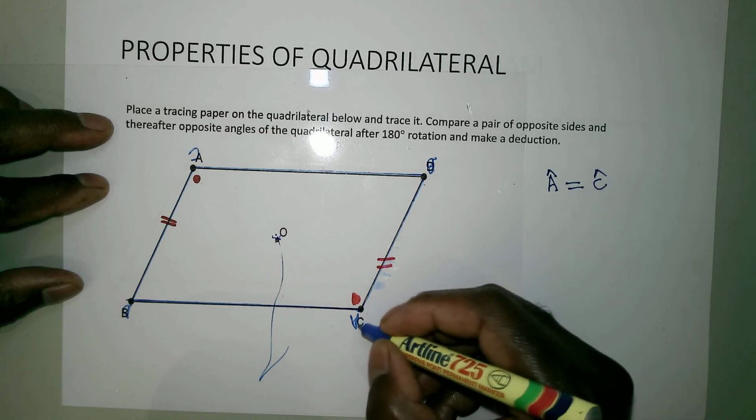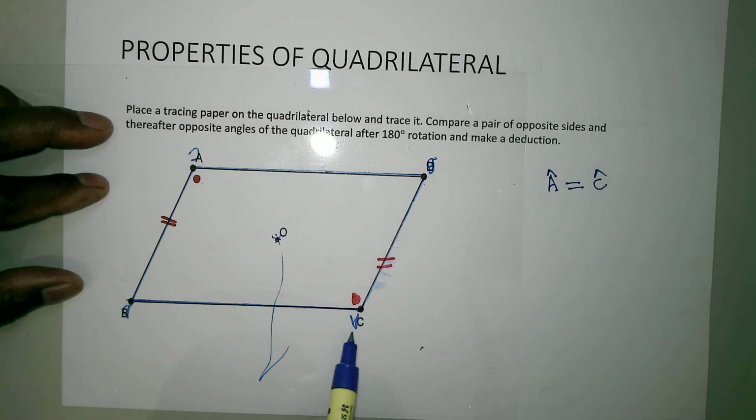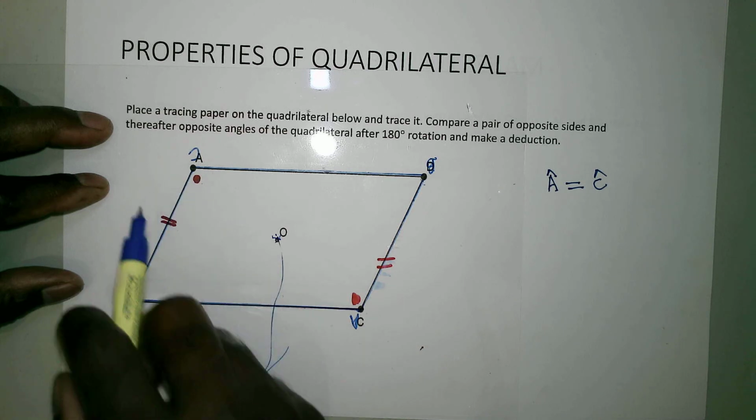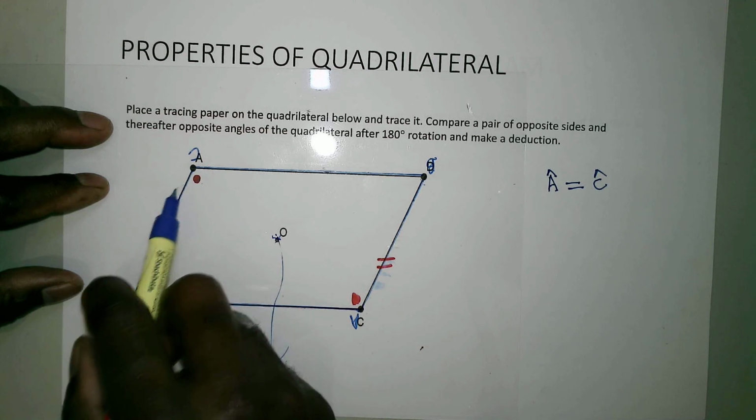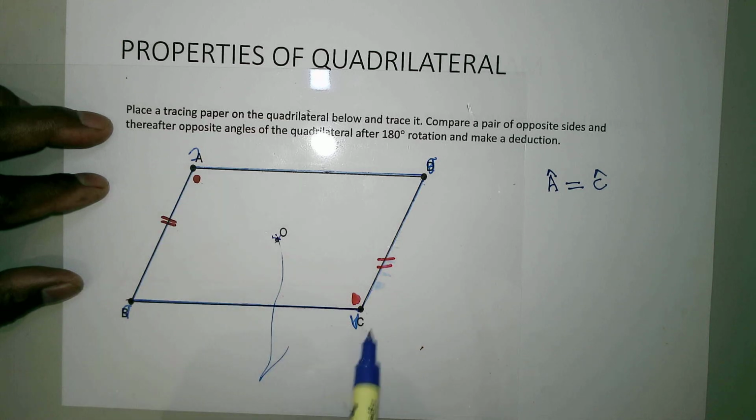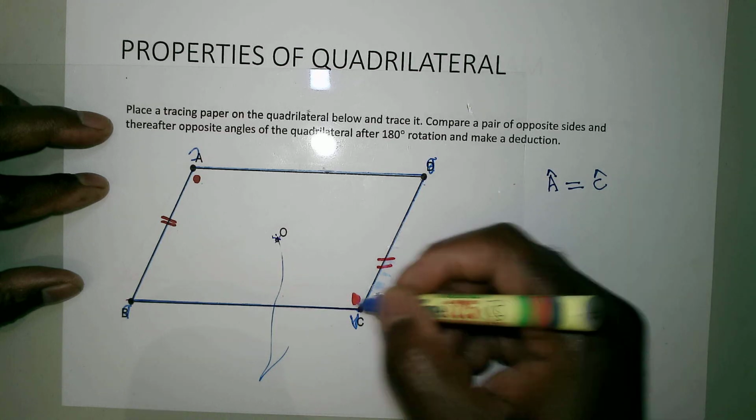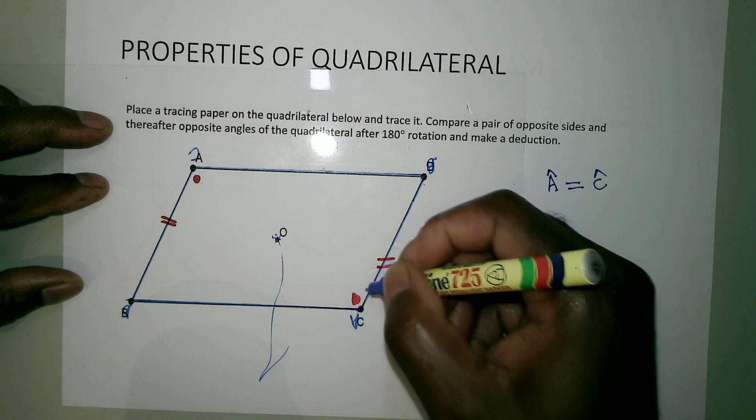It's an obtuse angle, and this one is also obtuse. Here A is now on top of C, and the two angles fit. So angle A equals angle C, and angle C equals angle A.